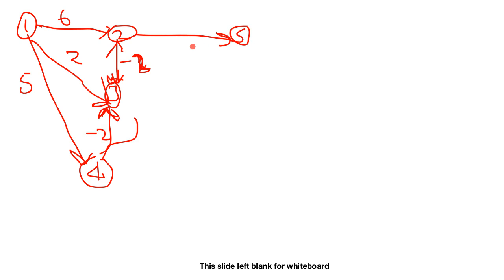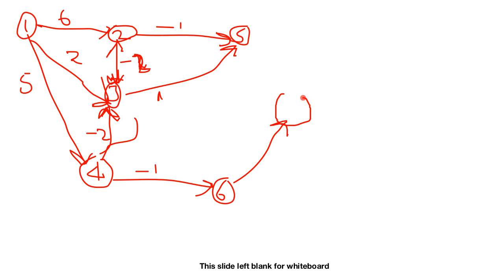For this one, we can have -1. This one we have 1. -6. -1. 7, 3. Maybe 3. So you look at all possible paths that you are supposed to have.